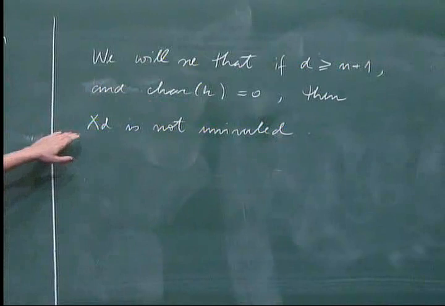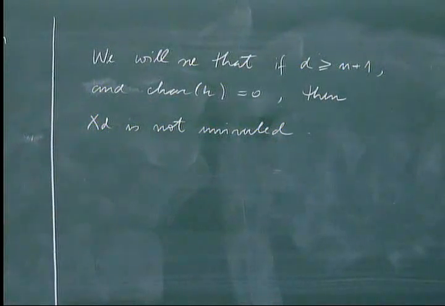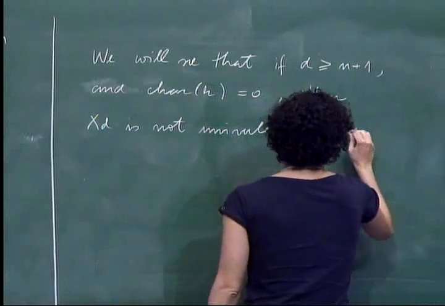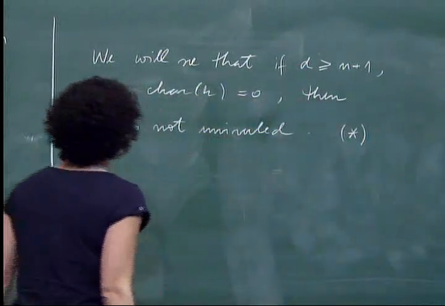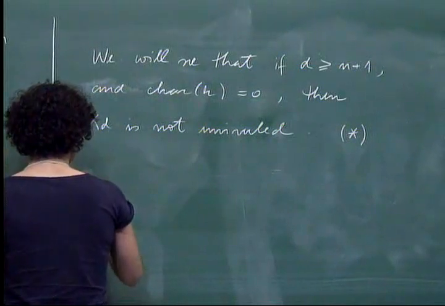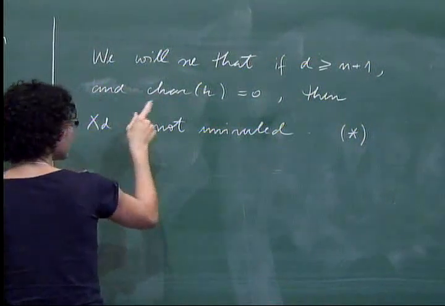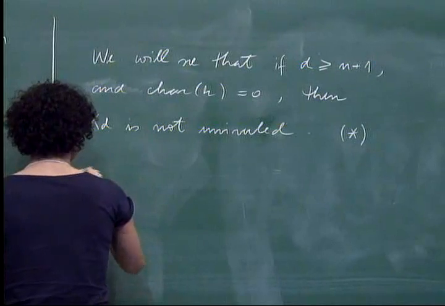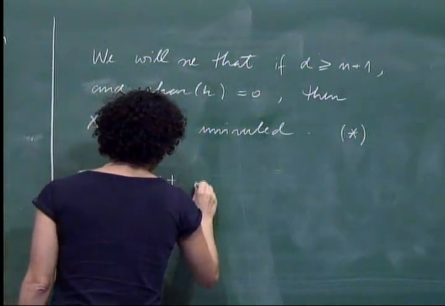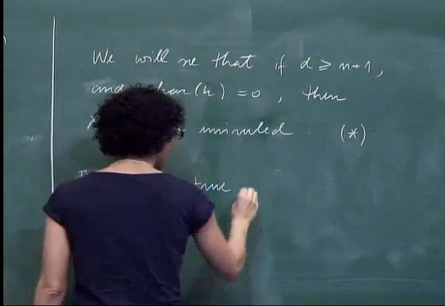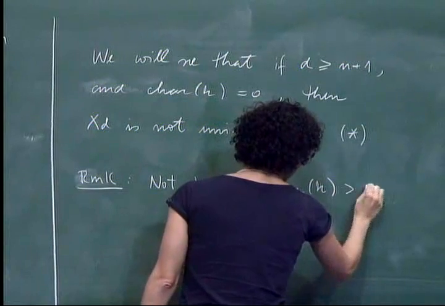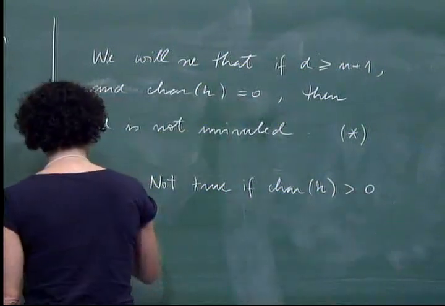Here I'm assuming that X_D is a smooth hypersurface of degree D. We will see this later on. But let me just remark that there are counterexamples in positive characteristic. So this is not true if the characteristic of the base field is positive.